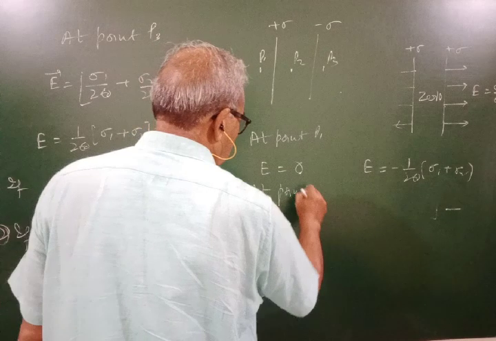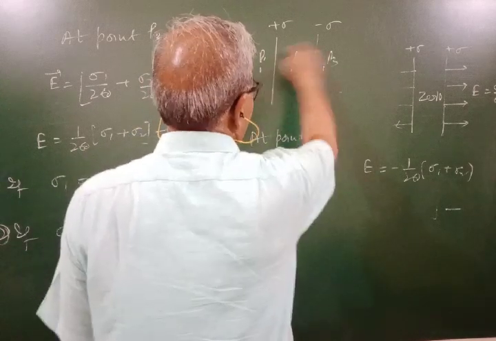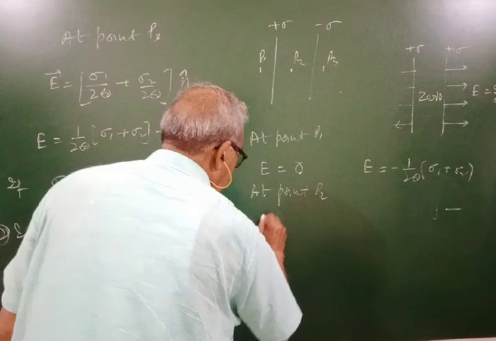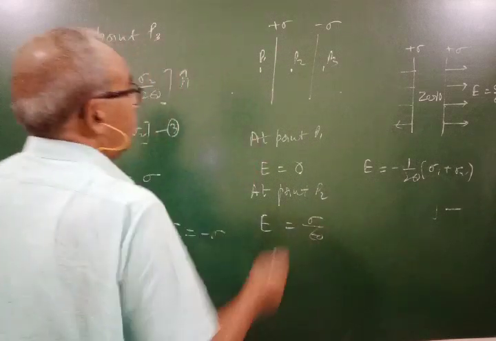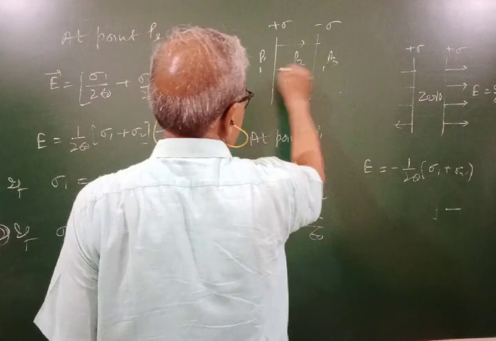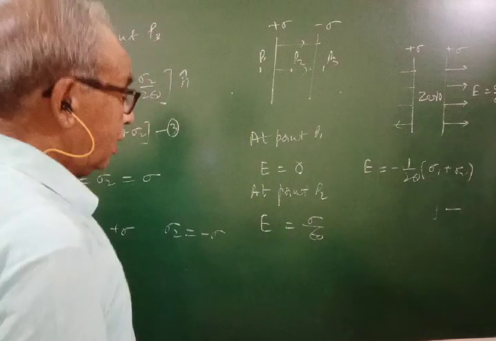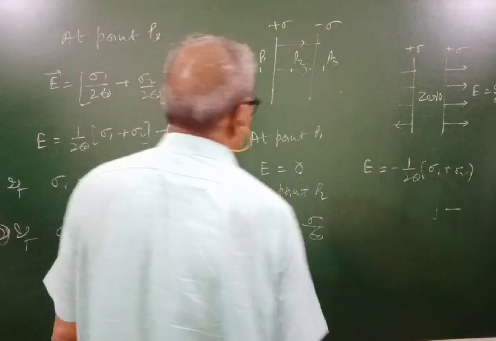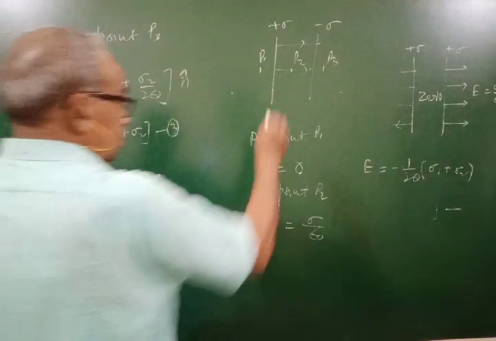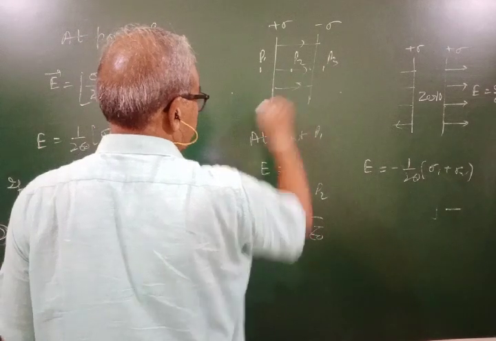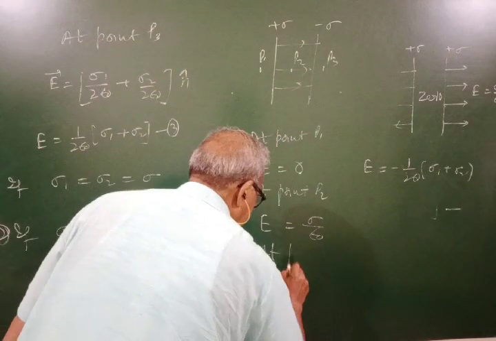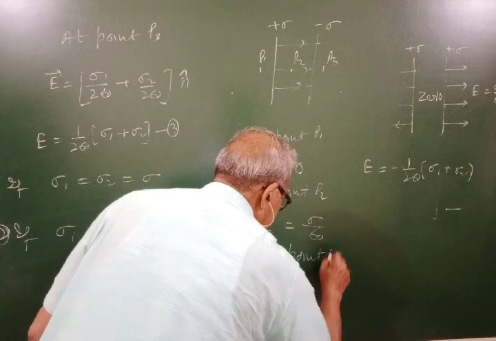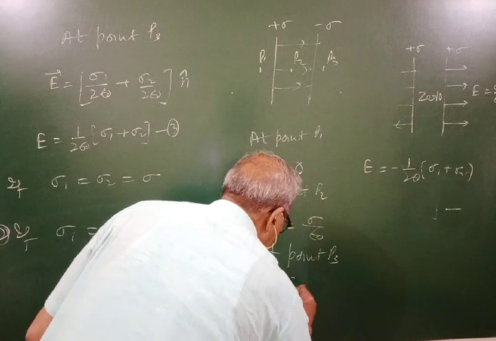At point P2, in between the plates, E will be equal to sigma upon epsilon 0 pointing from left to right. And this field is constant throughout, a uniform field. At point P3, the field is equal to 0.